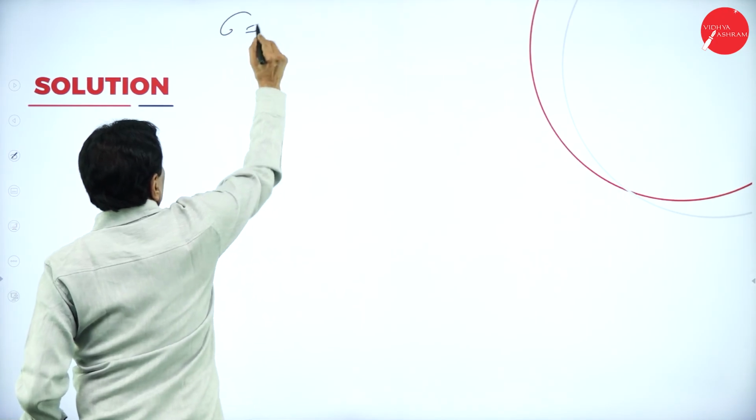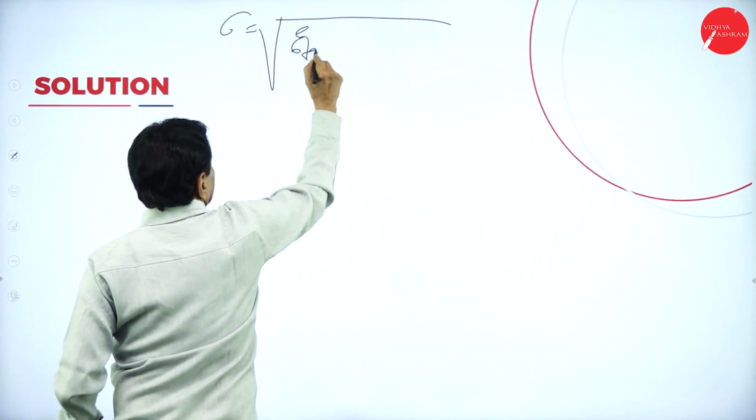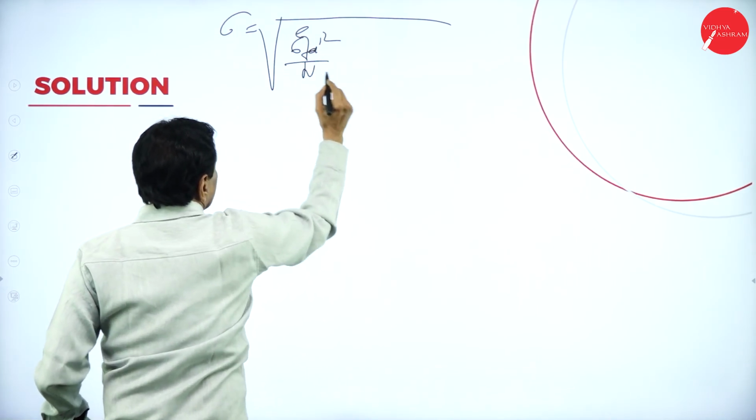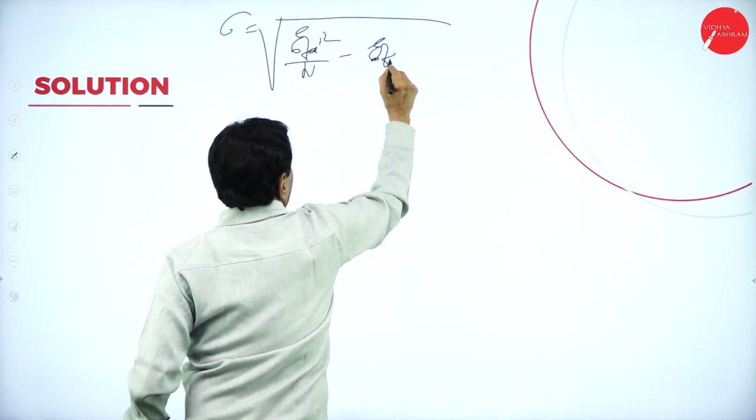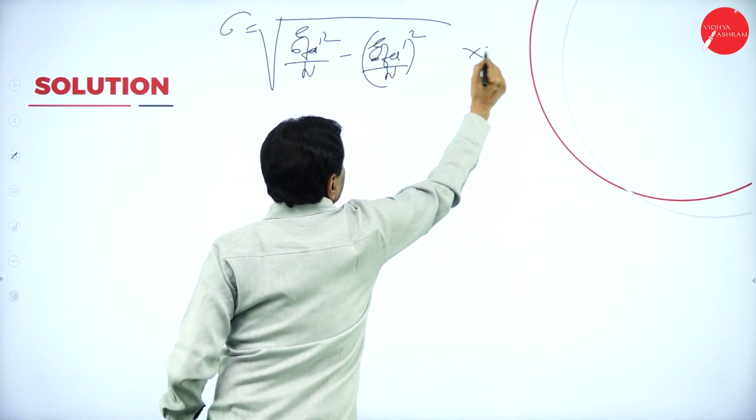Standard deviation is equal to root of sigma f t dash square divided by n minus sigma f t dash divided by n whole square, into c.